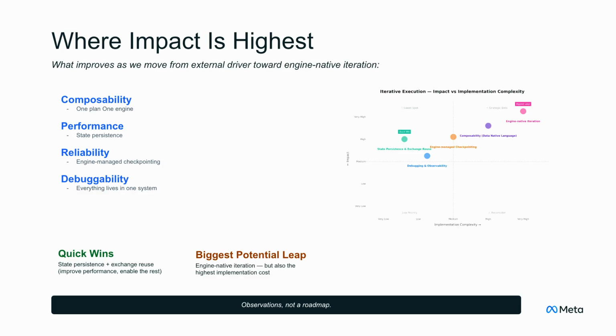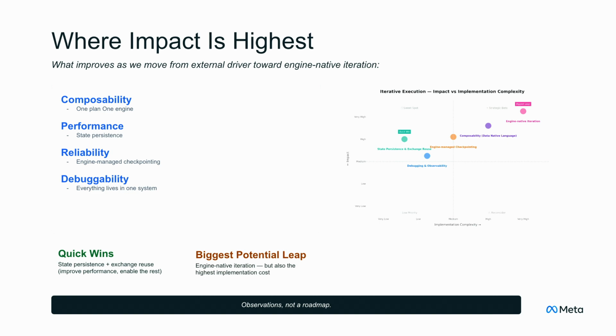We have observed an early performance improvement from that. Engine-managed checkpointing provides higher reliability and resource reuse, instead of starting from scratch when everything fails. Of course, debuggability: one execution trace instead of several system calls across multiple iterations, so debugging and observability become easier.